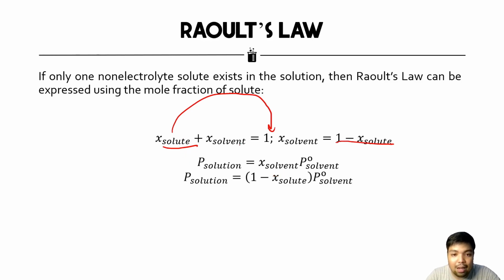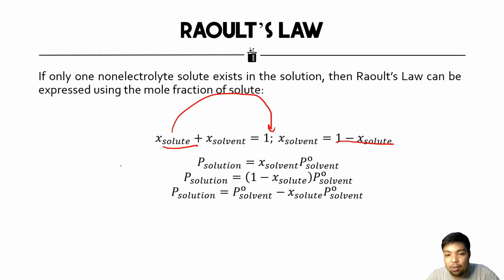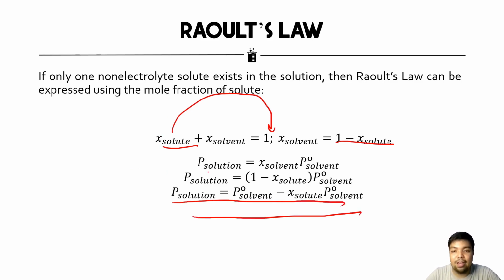Now, we distribute the vapor pressure of the pure solvent into these two variables enclosed in the parentheses. So ang final or ang working equation mo, if we get the vapor pressure of the solution in terms of mole fraction of the solute, will be this one. Okay, so either will do. We can use this one, we can use this one, whichever makes you feel comfortable.